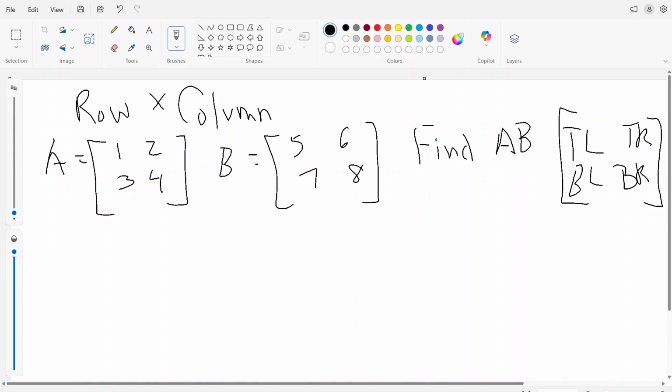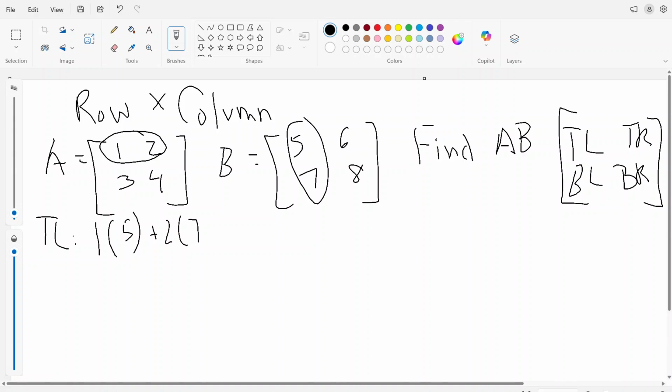So for top left, it's going to be first row, first column, and then multiplying the respective numbers. So top left will be 1 times 5 plus 2 times 7. So we multiply the first numbers, add it to the second numbers. Now we move on to doing top right.